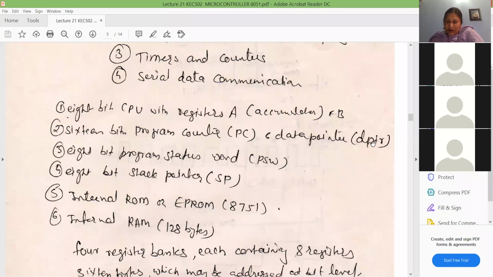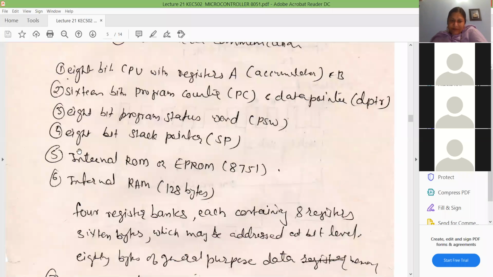There is one more 16-bit register which is called as data pointer. Then you have 8-bit program status word. This was there in 8085 also. You have 8-bit stack pointer. In 8085, your stack pointer was 16-bit. But in 8051 microcontroller, your stack pointer is 8-bit.